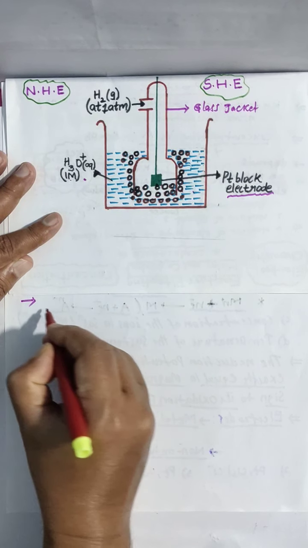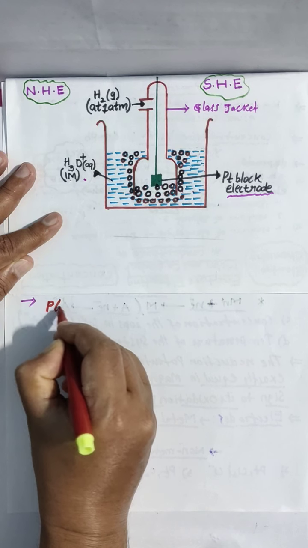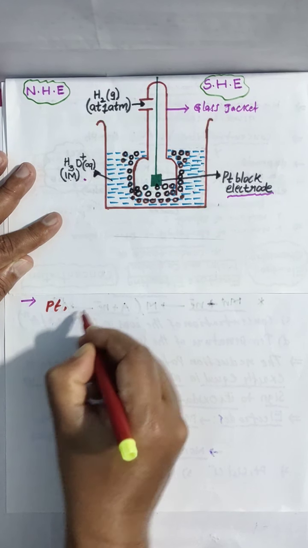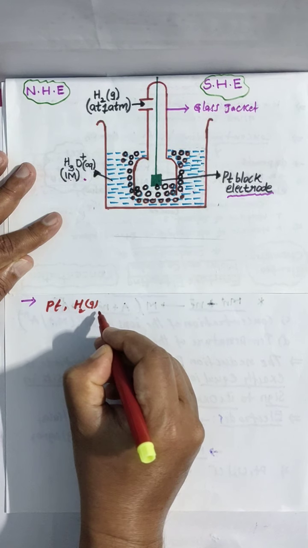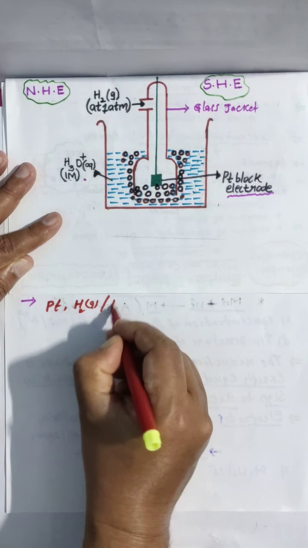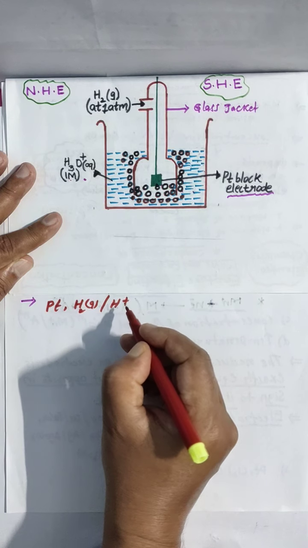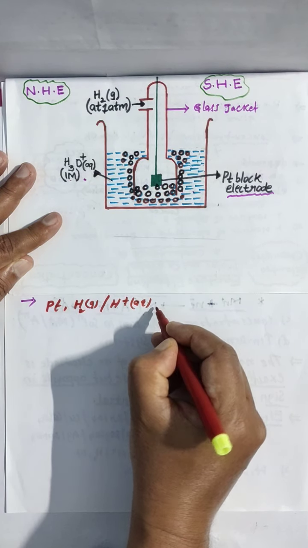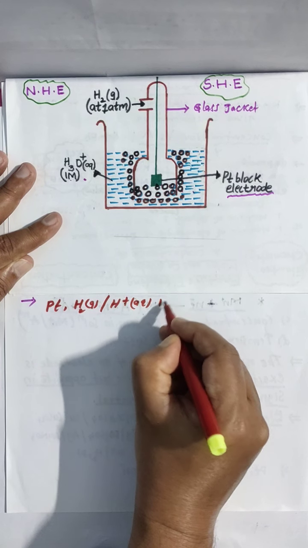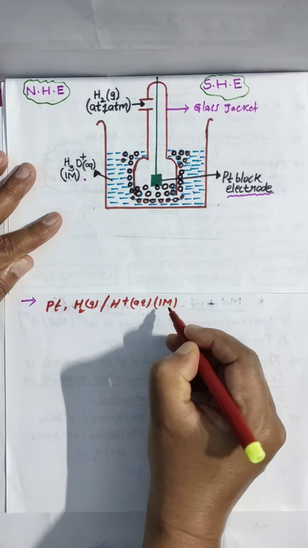Now we can write: platinum electrode with hydrogen gas, in H plus ions, aqueous, with 1 molar concentration.